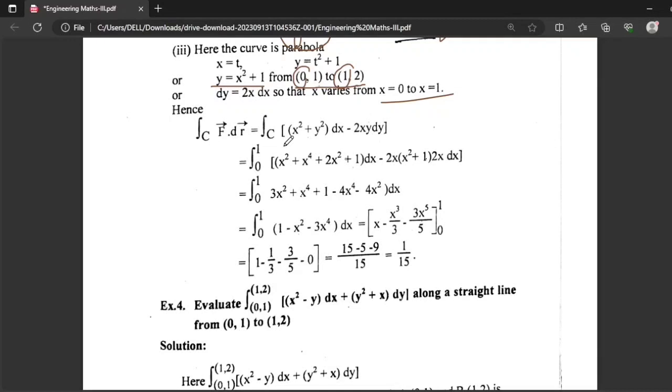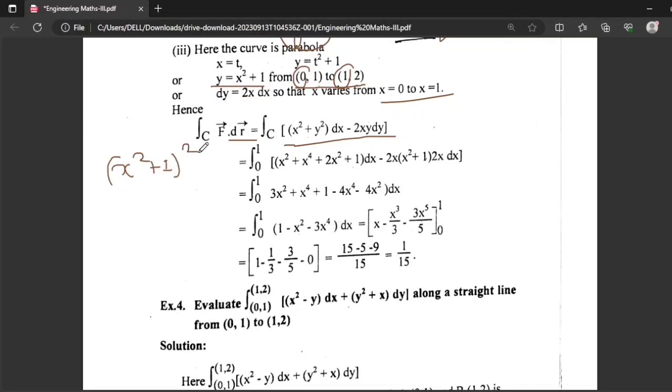Multiplying by dr, we get x square plus y square dx minus 2xy dy, because dr is i dx plus j vector dy plus k vector dz. This is only 2 dimensions, so dz will be 0, no need to write dz. So x square plus y square, where y is x square plus 1 the whole square.